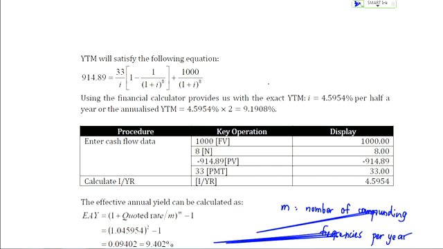And remember, that answer should be higher than the annualized YTM, as we expected. So at least you can double check whether you've done it right or not. You can check whether your effective annual yield is higher or lower than your quoted rate. It should be higher because we compounded more frequently than yearly. Okay?